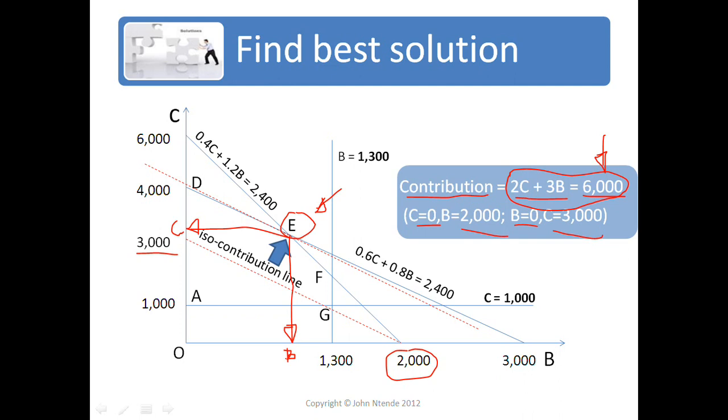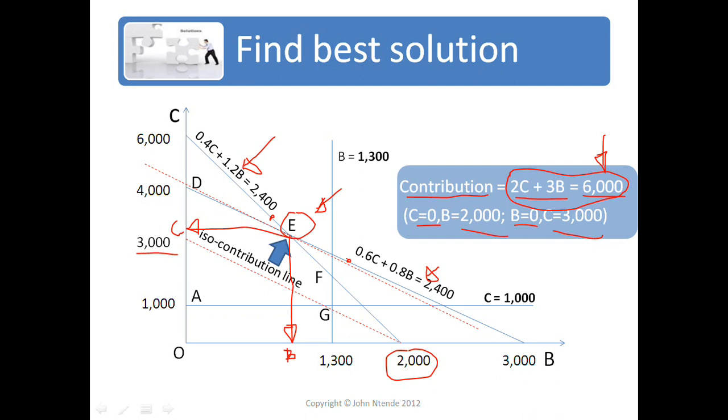But we can also calculate by solving two simultaneous equations. By solving this equation here, and also this equation, simultaneously. Because point E is the intersection of this line here and this line.